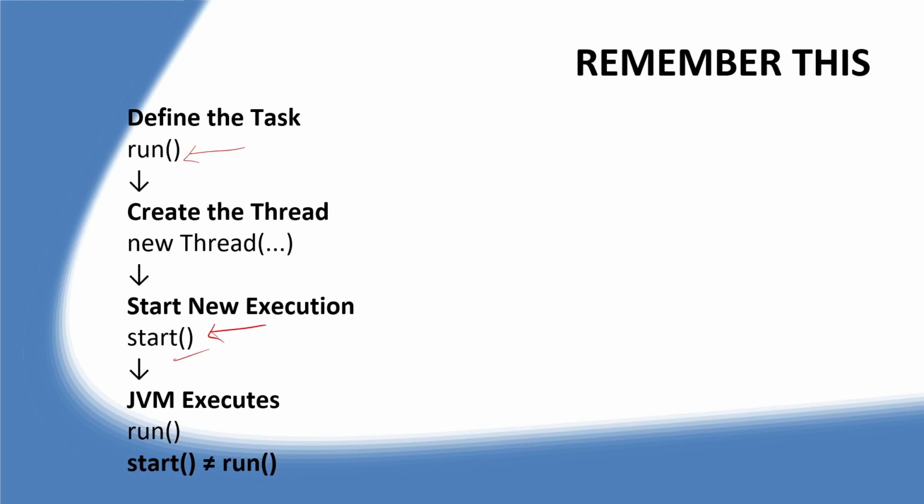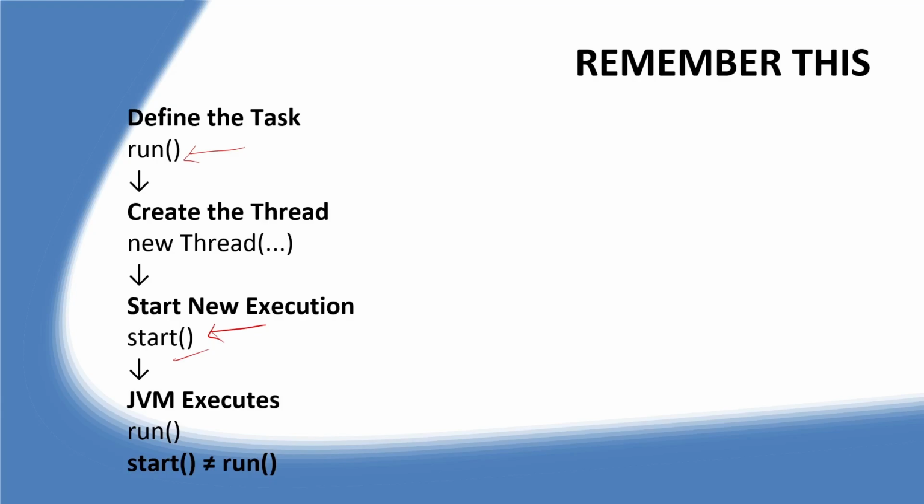So if someone asks you the difference between start and run, remember this: calling run directly is just a normal method call, but calling the start method starts a new thread of execution that will call the run method. That single distinction is fundamental to understanding Java multithreading.